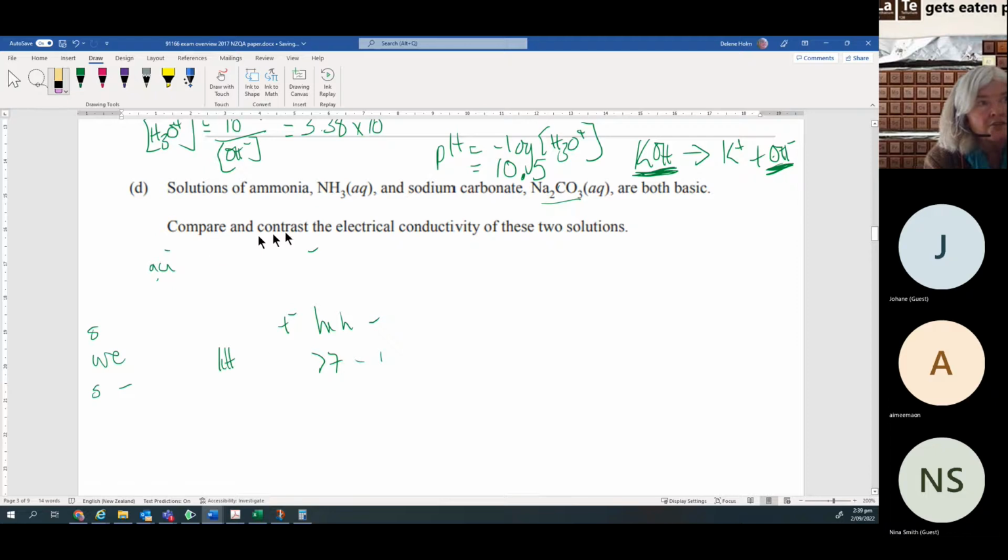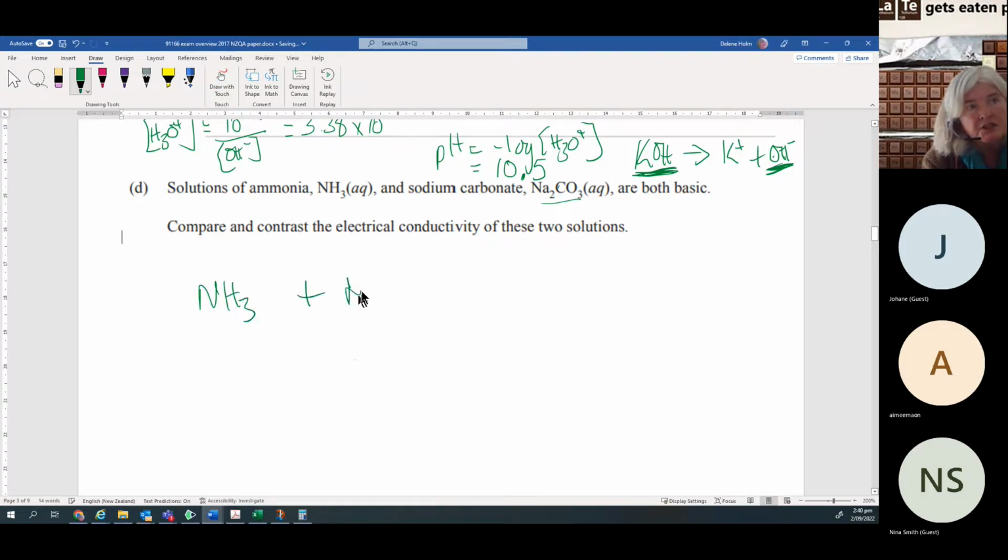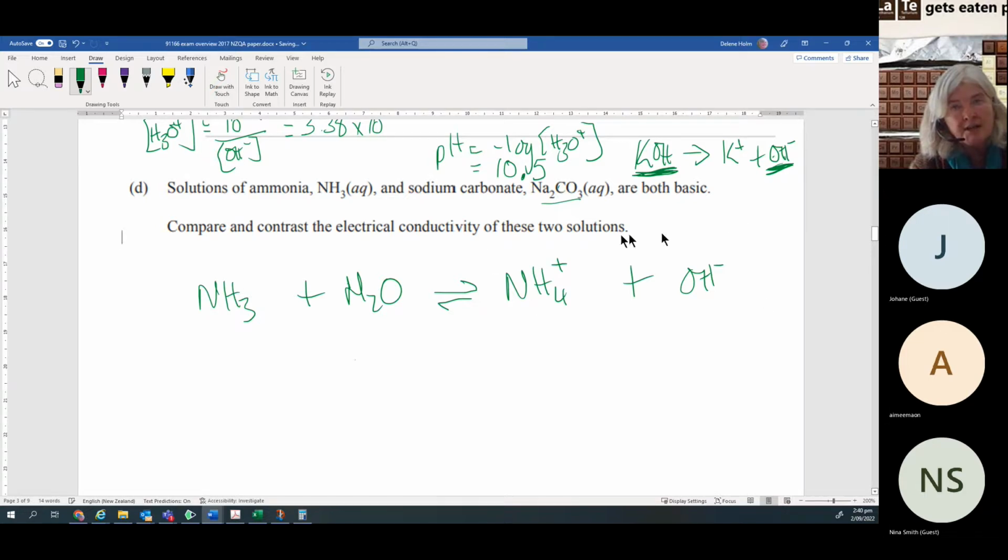Now you've got to use your arrows to say whether you're going to get lots or little. So for ammonia, you've got NH3, and when you put it into a solution, you're going to have a little bit of that ammonia forming ammonium and OH minus. So if it's only a little bit, are we going to have lots of these ions, or are we going to have mainly neutral particles?